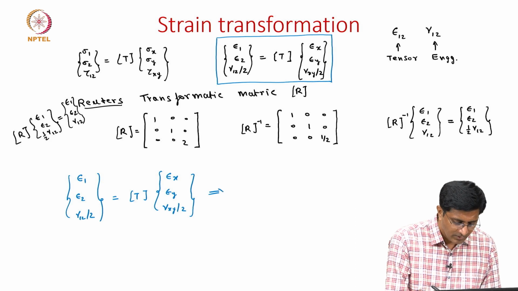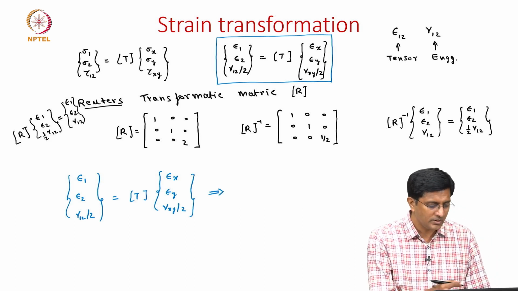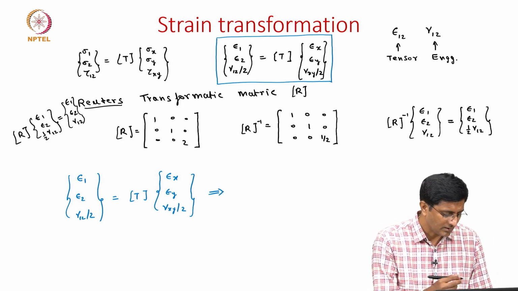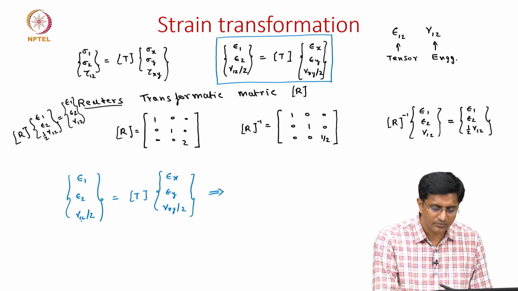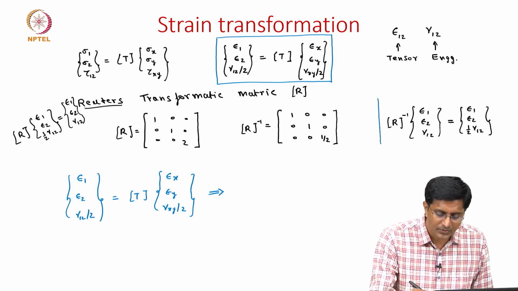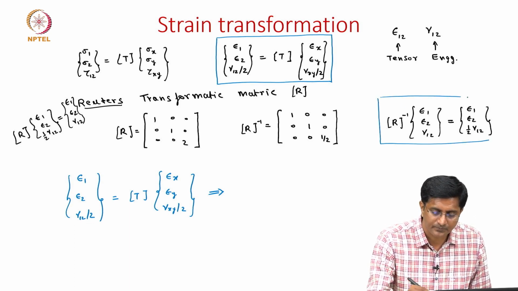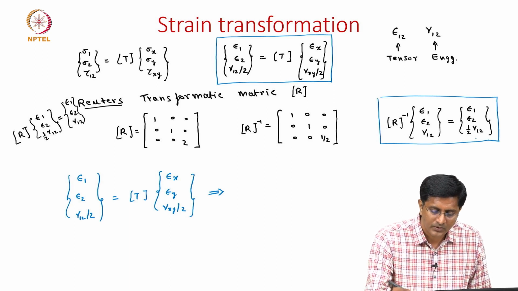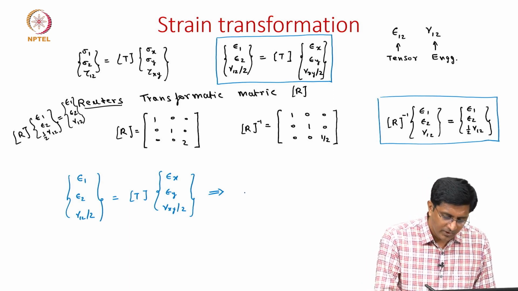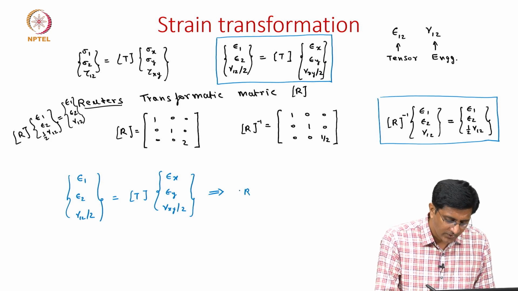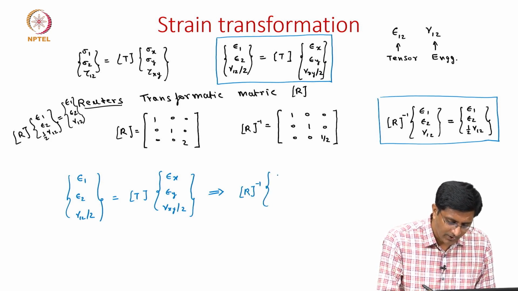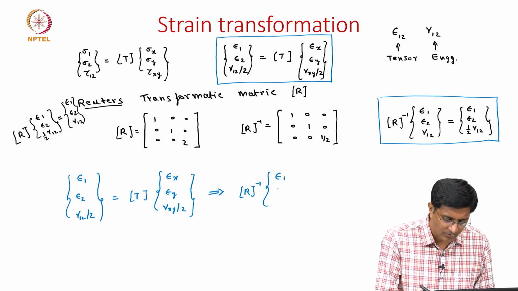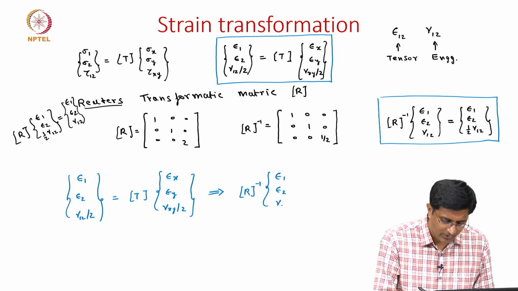But this time we will bring in this Reuter's transformation matrix R to rewrite the left side of this equation. To write the left side, I need to pre-multiply both sides with R inverse and write these strains as engineering constants, epsilon 1, epsilon 2 and gamma 1 2.